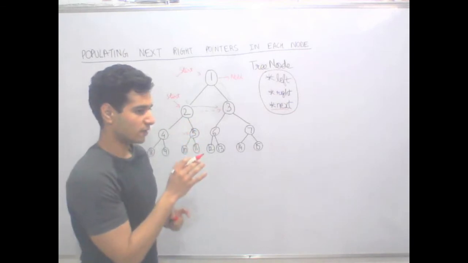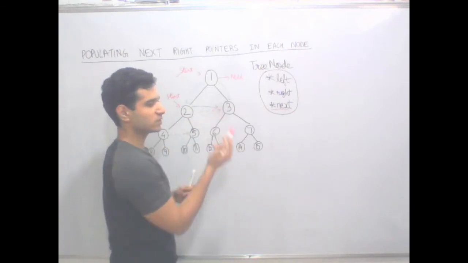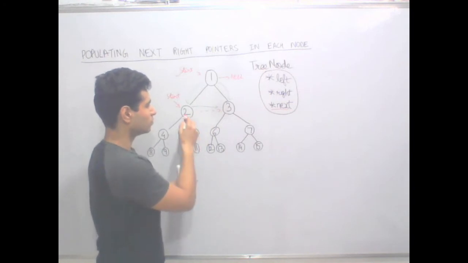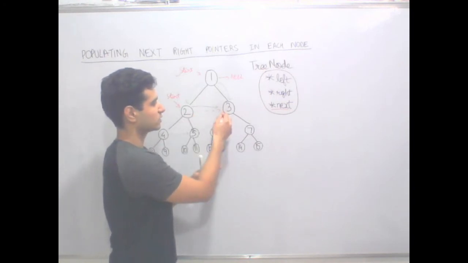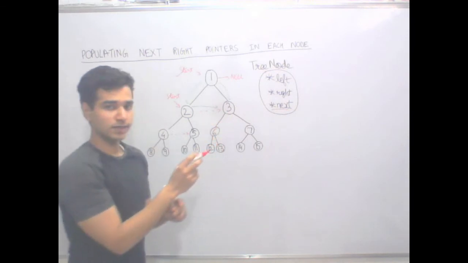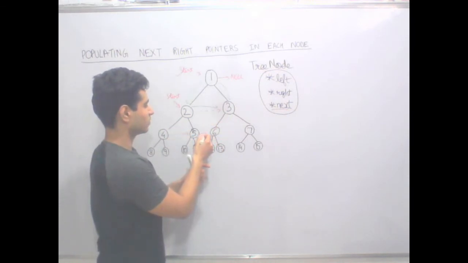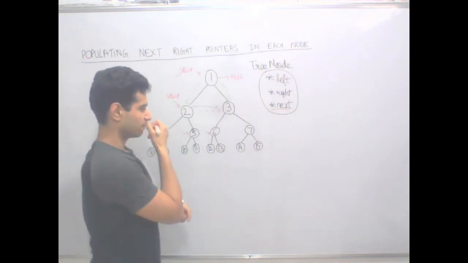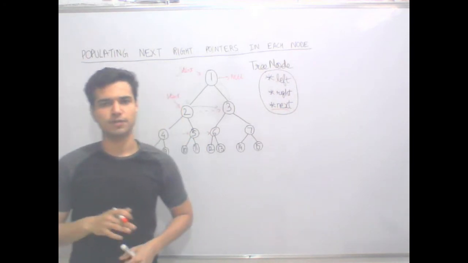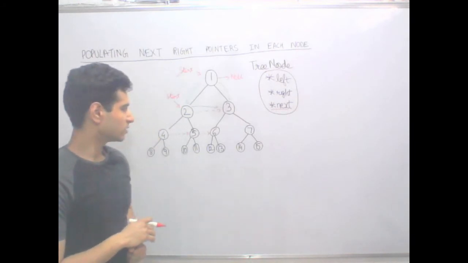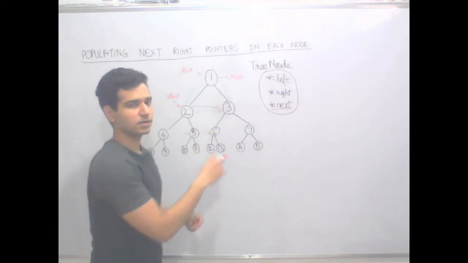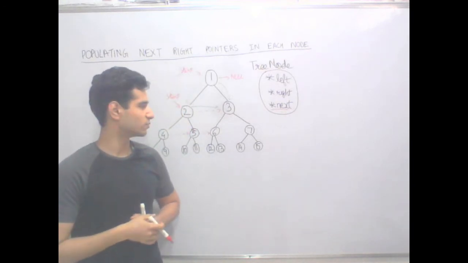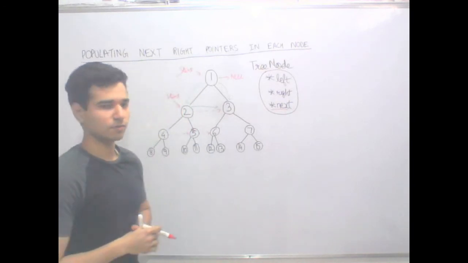And if 2's next does exist, which it does, we will assign 2's right's next to 2's next, which is 3, 3's left, right? So that's how this connection would be made, right? And because it is a perfect binary tree, we don't even need to consider whether its children exist or not. We'll come to that in the next episode for the next problem, right?